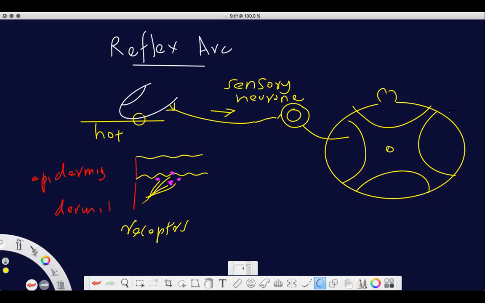That's basically a rough structure of the spinal cord, and this axon, I have to adjust it a little bit, is coming from this direction, and then it is coming to this place.